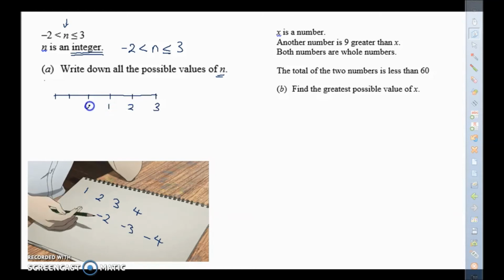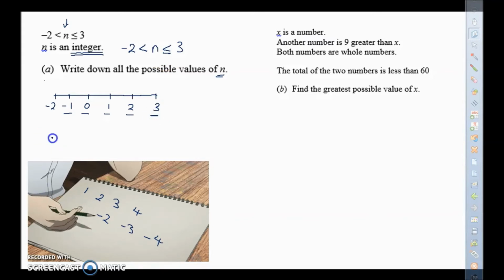These are all our whole numbers that we can choose from. And we're only going down to -2. So n has got to be bigger than -2, so it can't be -2. So we could have -1, we could have 0, 1, 2, and we can have 3 because it says it can be equal to 3. It's got to be less than 3, but it can also be 3. So that's our highest value.